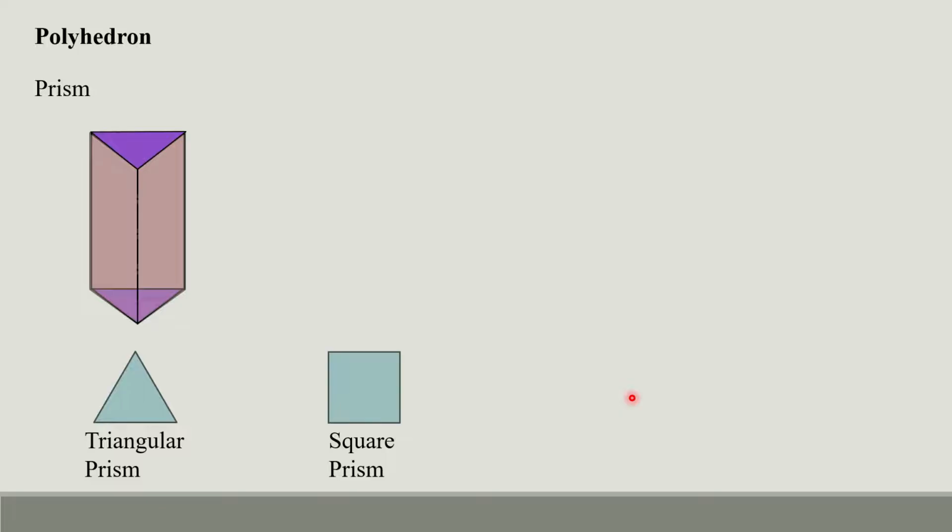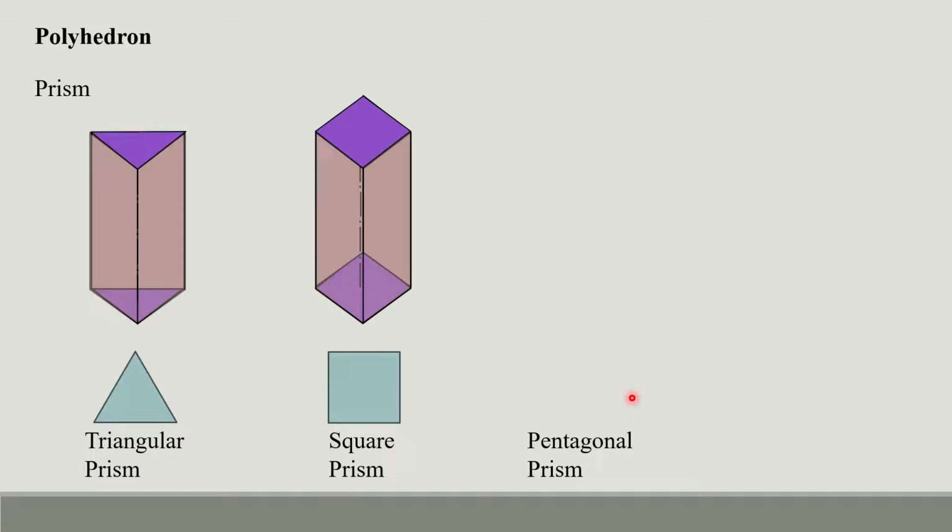In the case of a square prism, you'll have one, two, and, seeing through it, the third one and the fourth. There are four vertical surfaces on the lateral side. You have a top similar to the base. Similarly, for a pentagonal prism, you'll have five lateral surfaces: first one, second, third at the back, fourth and fifth.